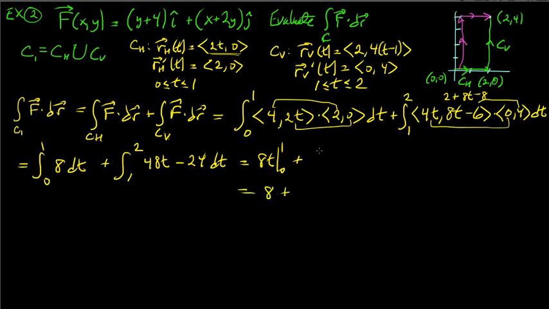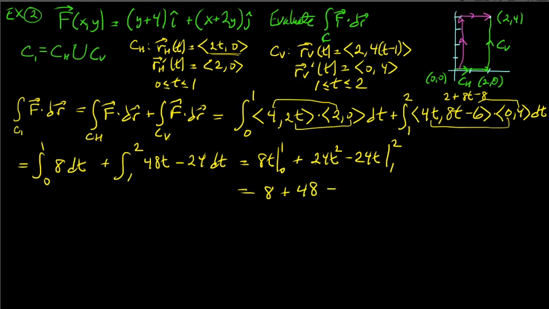And then the second integral, when you integrate 48t, you get 24t squared minus 24 times t. But we're evaluating between 1 and 2. So let's see, when you plug in the 2 first, you get 24 times 2 squared, 24 times 4 minus 24 times 2, which is 48.